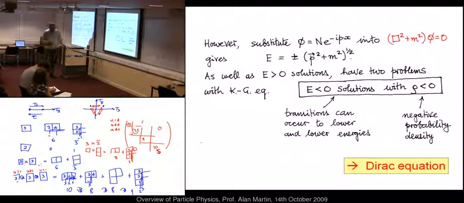This is serious. Because if your system has got negative energy solutions, the system can keep dropping down to further and further negative energy solutions. The system drops down to its ground state, which is way down, infinitely far below. We're in deep trouble. It's even worse. Negative energy solutions are going to come with a negative probability density.